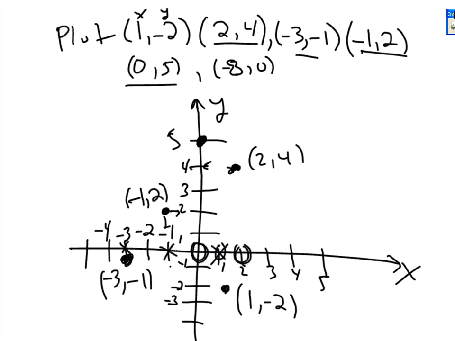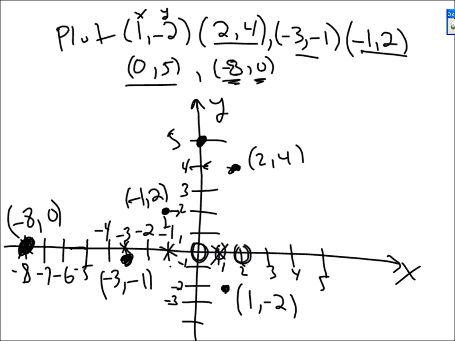How about (-8, 0)? So you have negative 8 on the x-axis, which is right there. And then you go up or down 0. That is, you stay right there. That is (-8, 0).